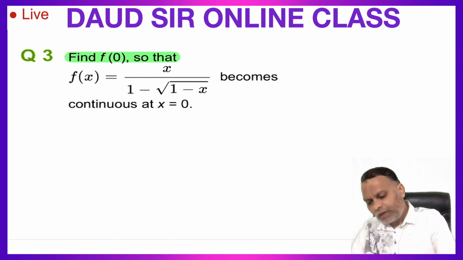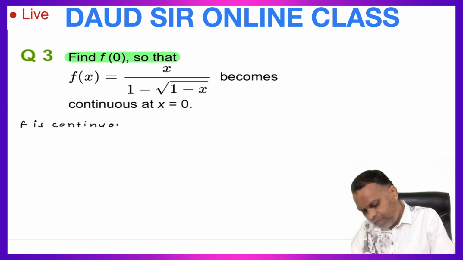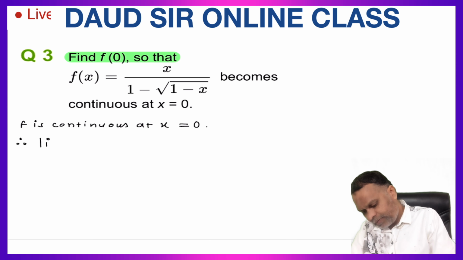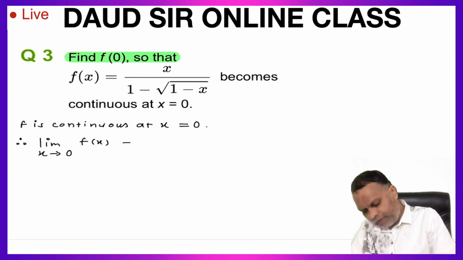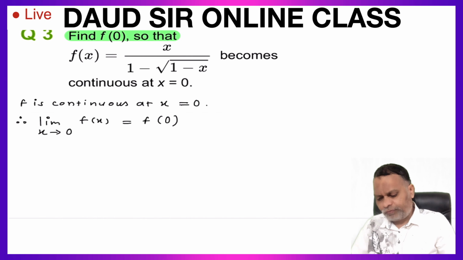So, f is continuous at x is equal to 0. This is given. Therefore, limit x tends to 0, f of x is equal to f of 0. From here, we can calculate the value of f of 0.